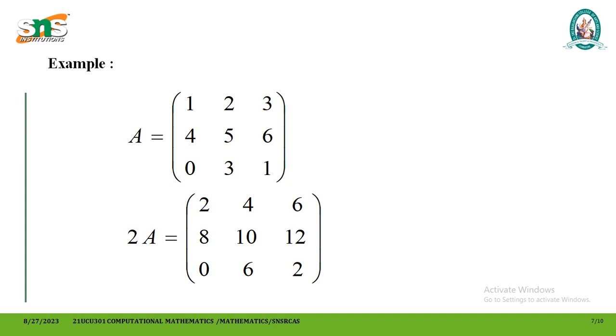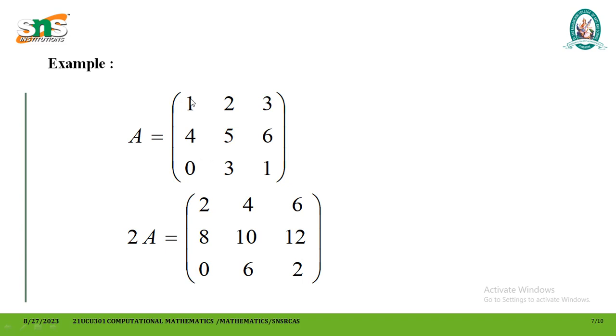So let's see an example for the matrix scalar multiplication. So consider a single matrix A and we have to multiply a scalar with this matrix. So in this example, I consider a scalar as 2. So we have to find what is 2A. For calculating 2A, we have to multiply the scalar, that is 2, with each element of the matrix A. So first I am multiplying the scalar with the first element.